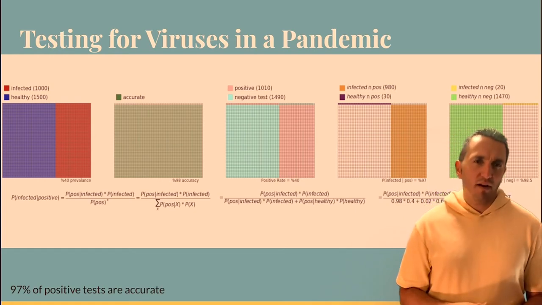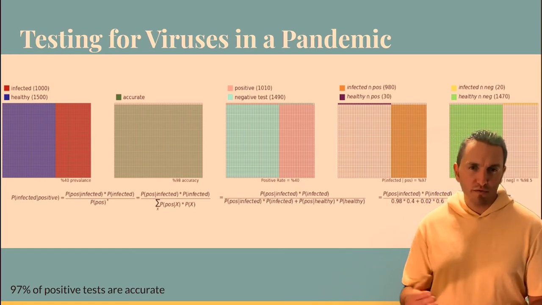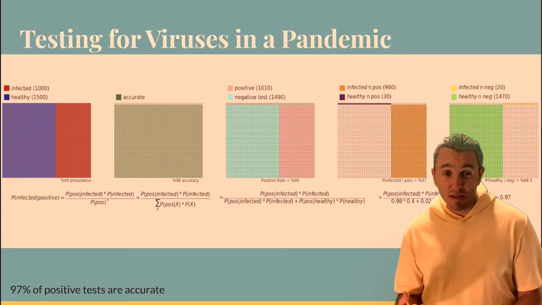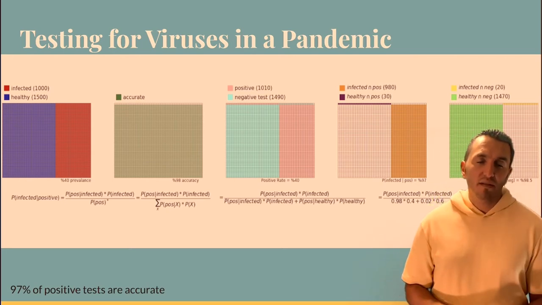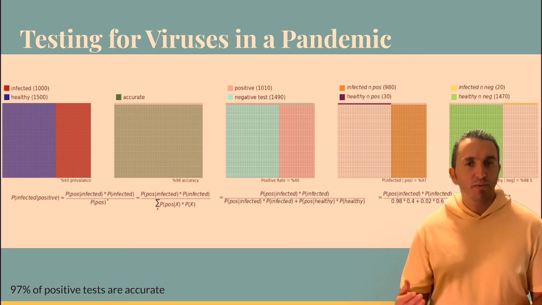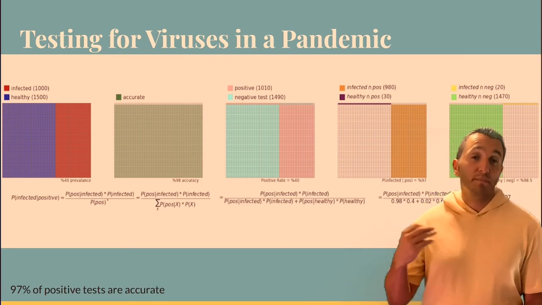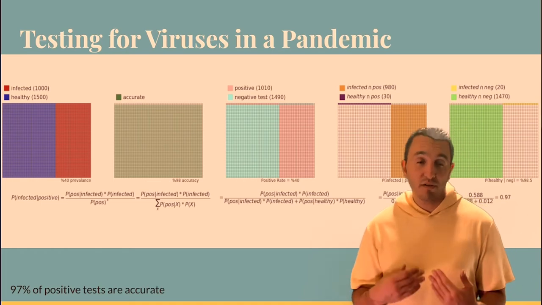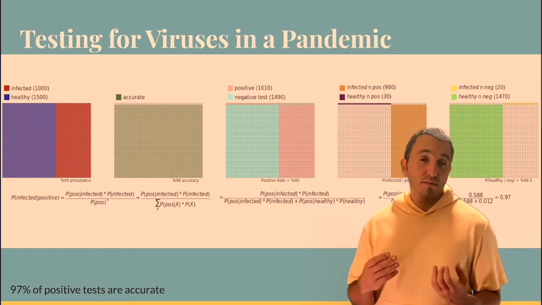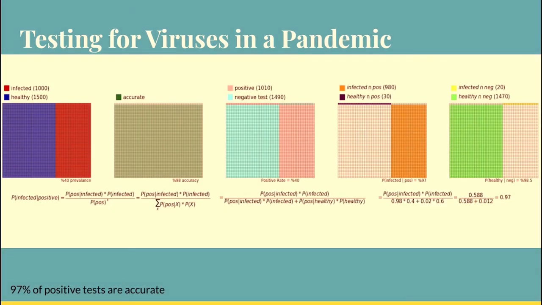But now your prior probability, your marginal for being infected, is much higher. It's 40%. If we do this, we get 97% accuracy for a positive test. So if you test positive, there's a 97% chance you're infected. That's probably better, right?